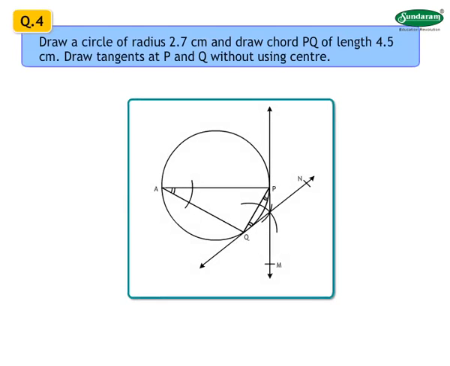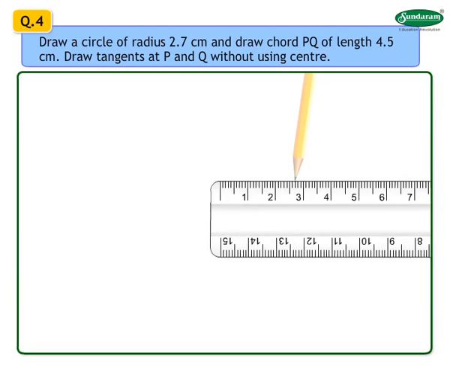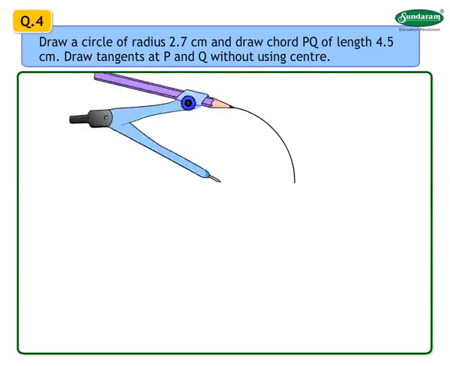Question 4. Draw a circle of radius 2.7 centimeters and draw chord PQ of length 4.5 centimeters. Draw tangents at P and Q without using the center. Solution. Draw a circle of radius 2.7 centimeters.